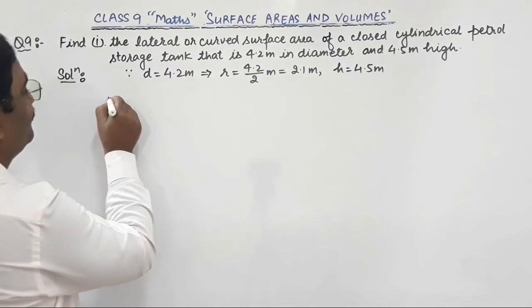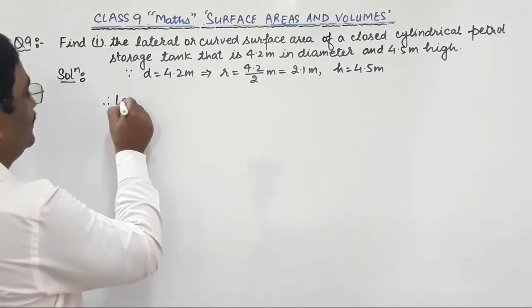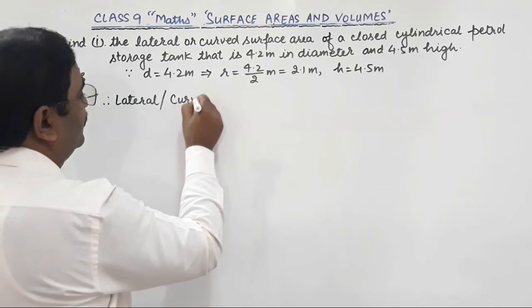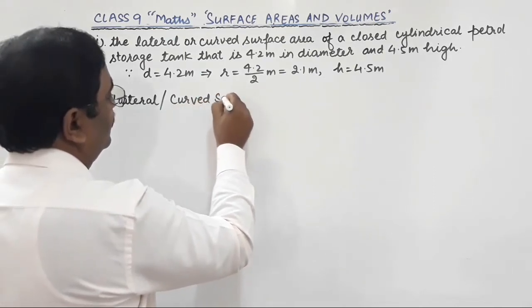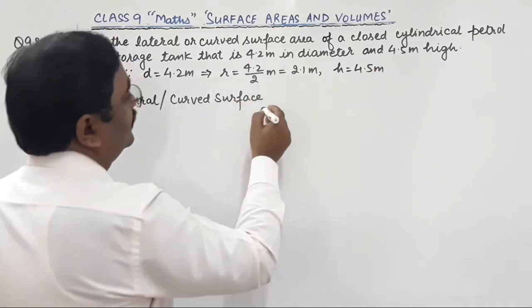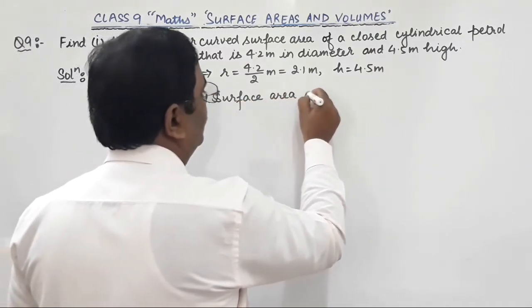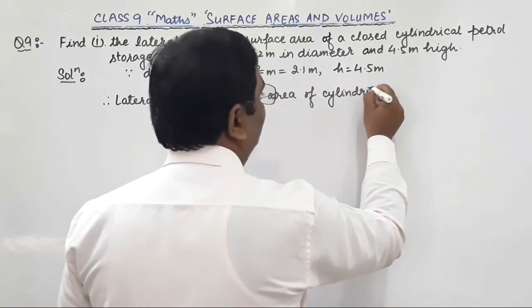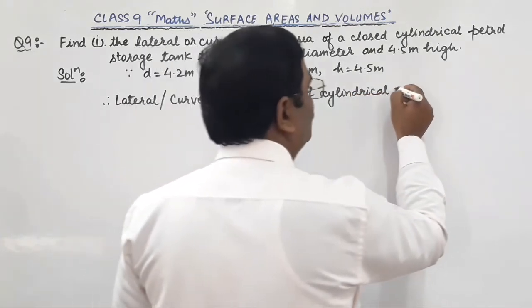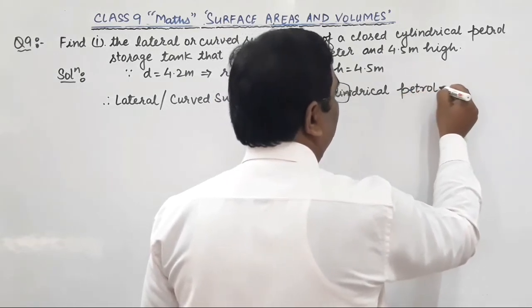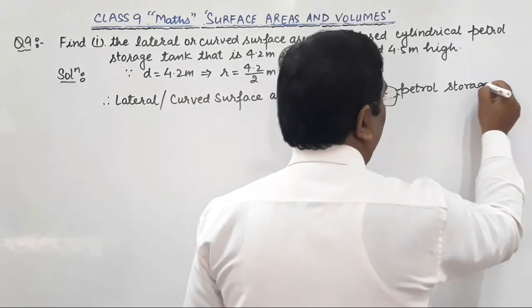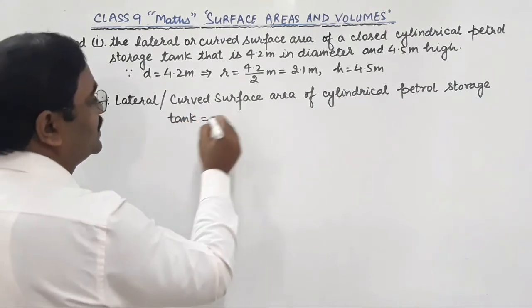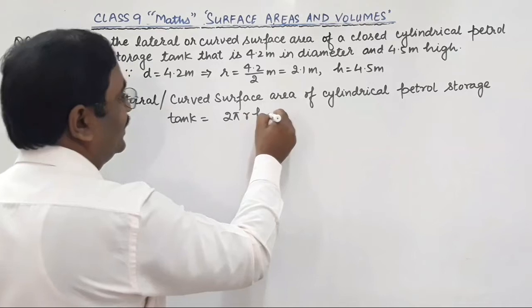Therefore lateral surface area or curved surface area of the cylindrical petrol storage tank is equal to curved surface area, which is 2 pi r into h.